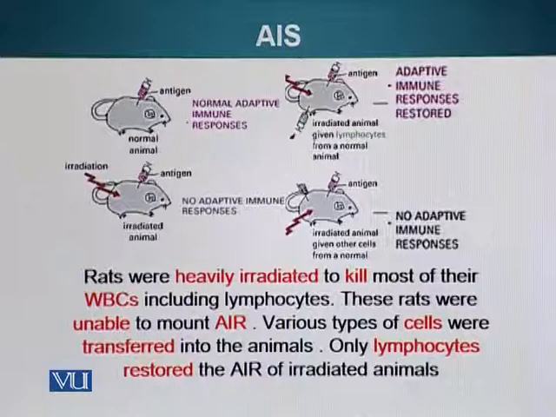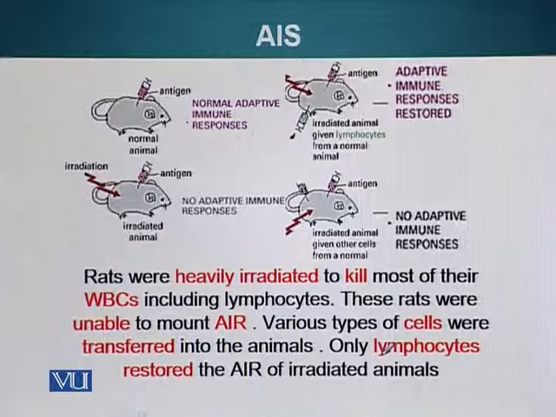So how do we know that B cells and T cells are basically responsible for adaptive immune responses? A simple experiment. Rats in this case were irradiated to kill most of their white blood cells, which include the lymphocytes. These rats were unable to mount an adaptive immune response.